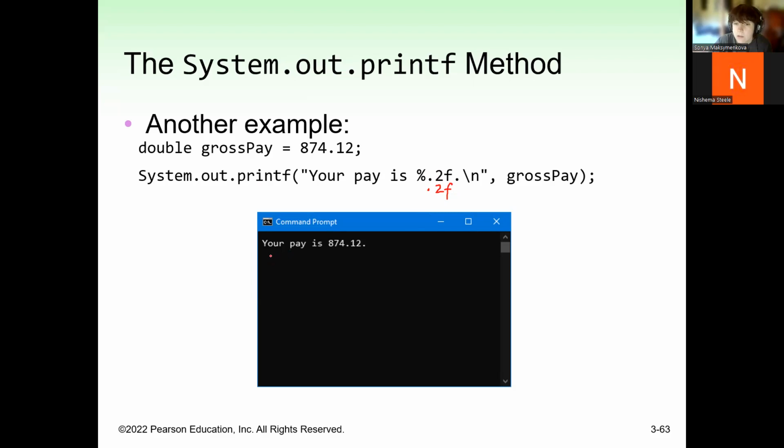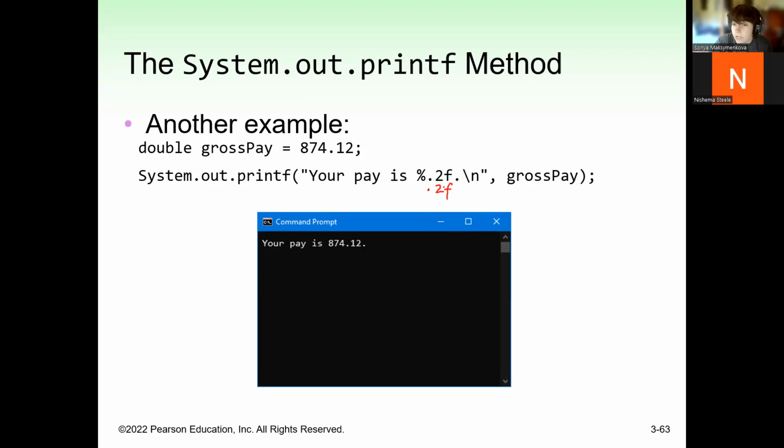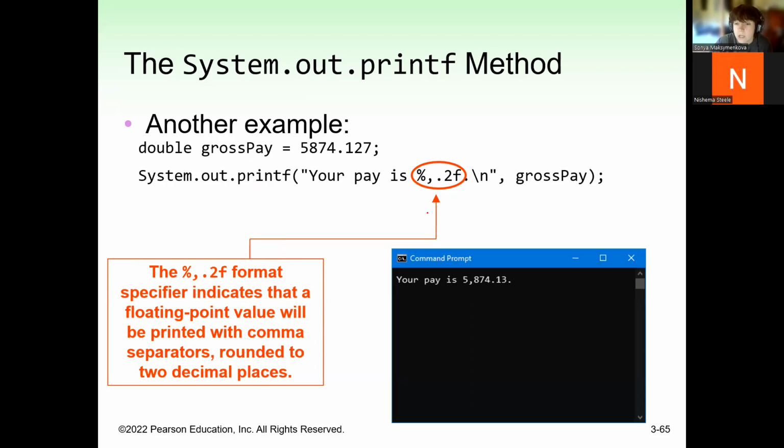So in this case, we printed 874.12 without all of those zeros that we had here. See the difference here? With nothing specified it just gives you this mess. If we specify that we want .2, it just gives us 2 numbers after the decimal point, which is really neat, especially if you're working with money or stuff like that.